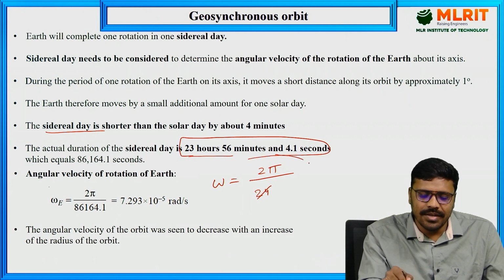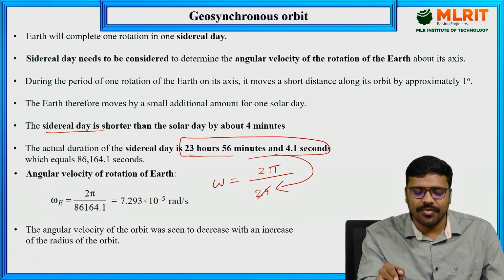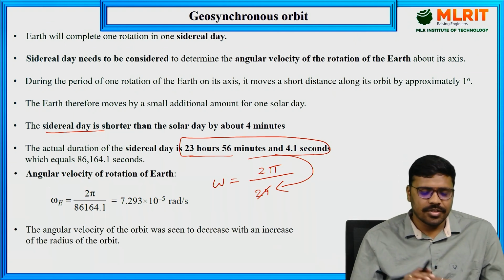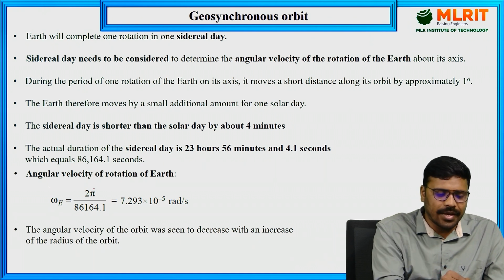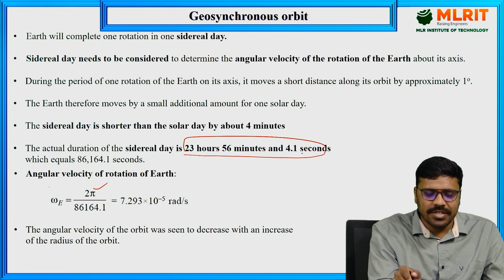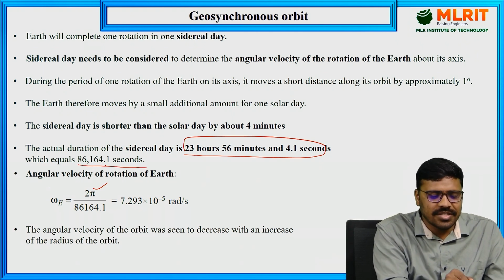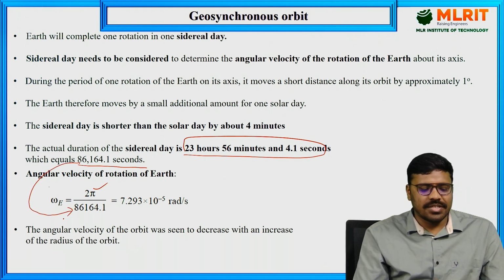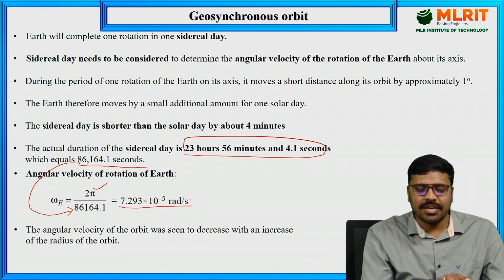We have to consider the sidereal day, 23 hours 56 minutes 4.1 seconds. This will give the exact angular velocity of the Earth. If you convert this total into seconds, it is 86,164.1 seconds. Substitute this 86,164.1 seconds in the angular velocity, then you will get the angular velocity of the Earth. How much is it?